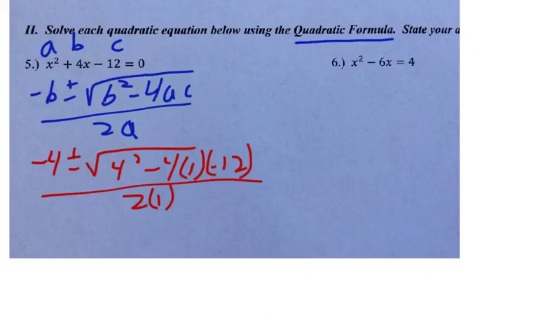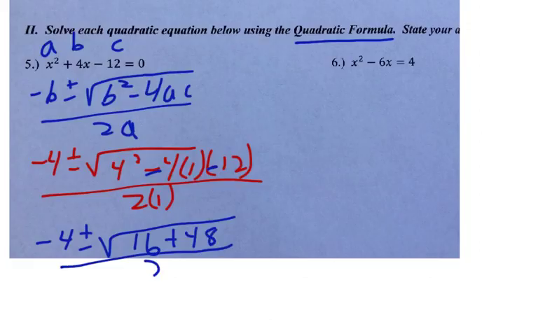And I'm going to do order of operations first. So inside of my square root there, I'm going to do my exponent. So it's going to be -4 plus or minus square root of 16. And then a -4 times a -12 is a positive. So I know that's going to be positive 48. So it's plus 48. And then all over 2.